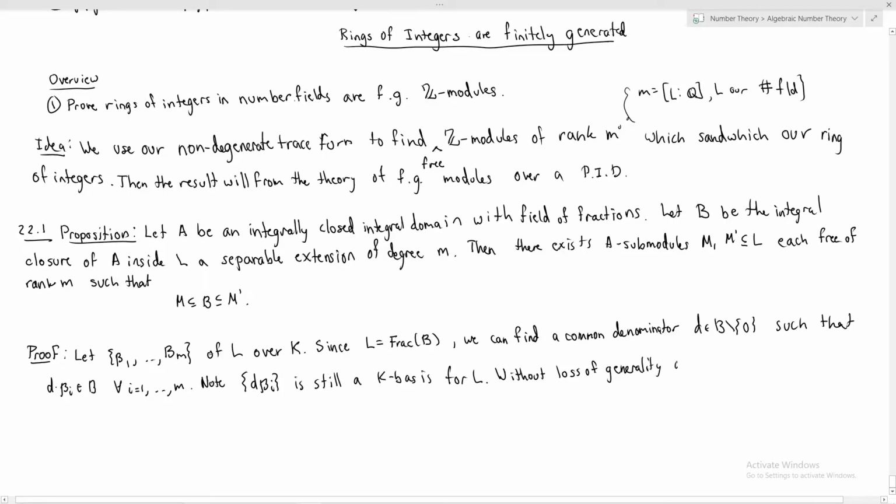So let's just assume that beta i was in B. And we're going to let M, this is our first guy, be the A-span of the beta i's. Okay.